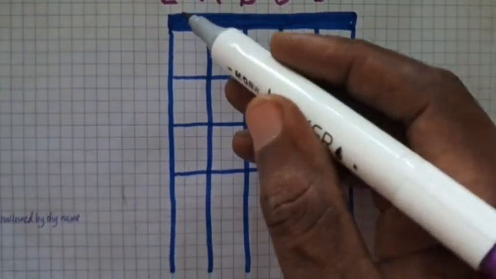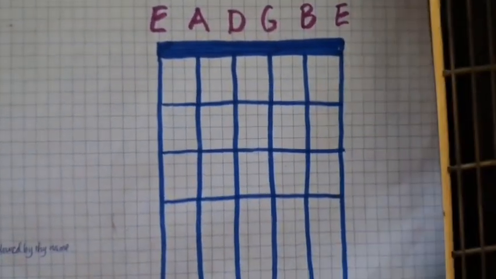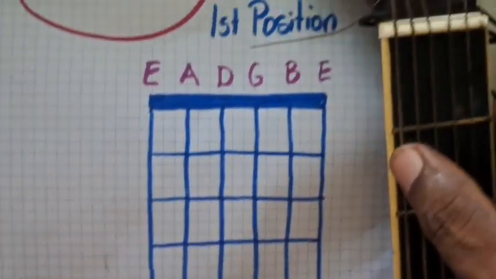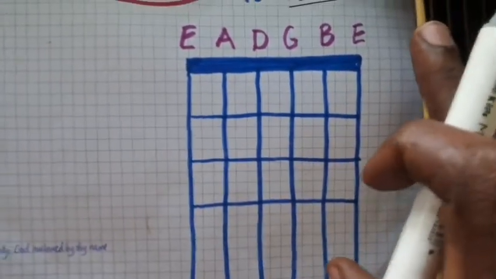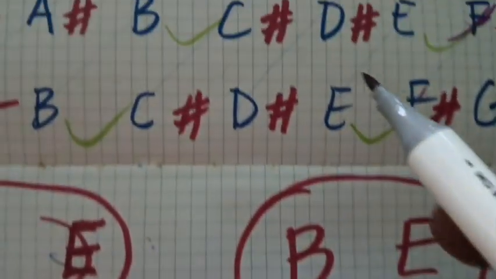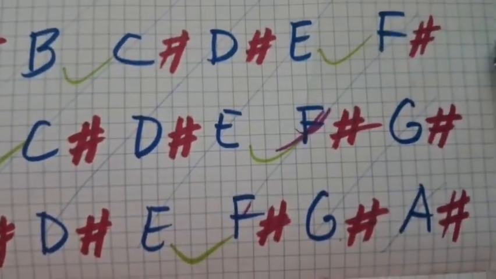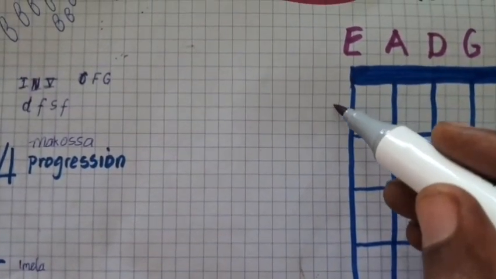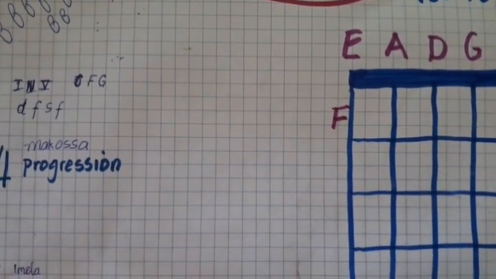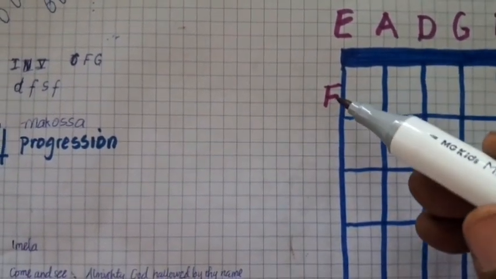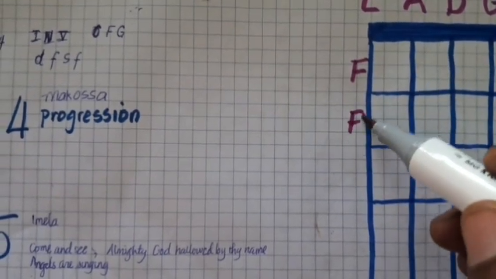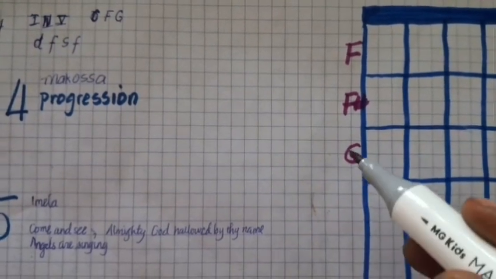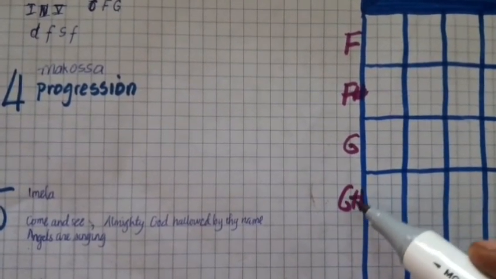Following that demonstration, when we have our E, after E, what comes? Yes, after E is F. So that means after this E, the next key here is F. Okay, and after F is F sharp, and after F sharp is G, and after G is G sharp.